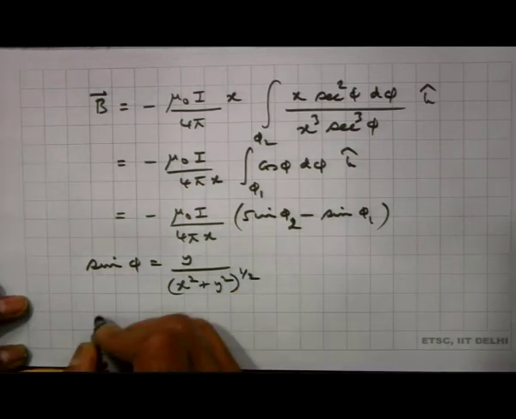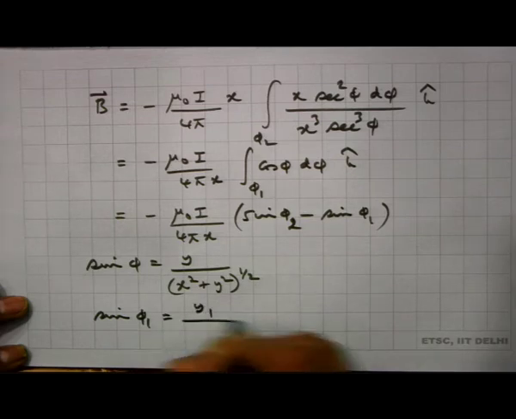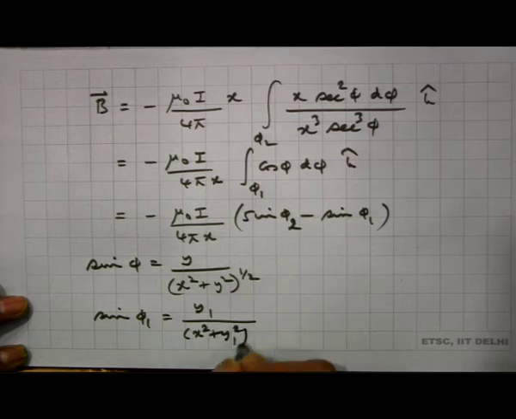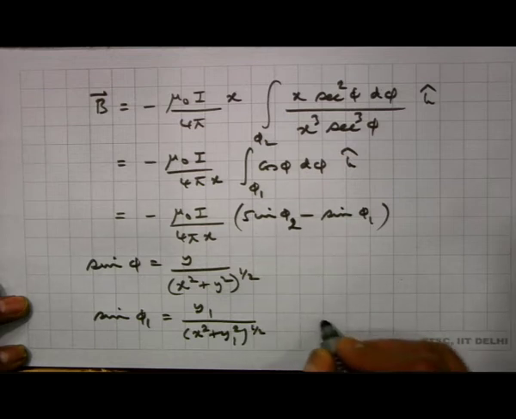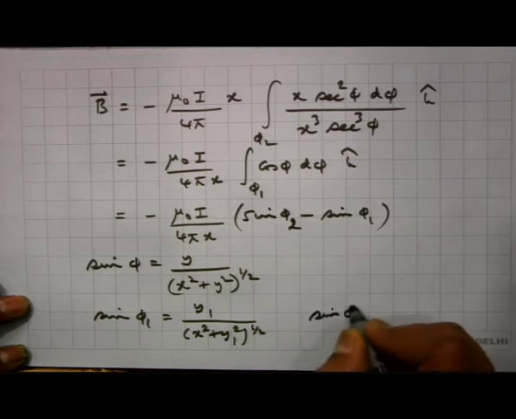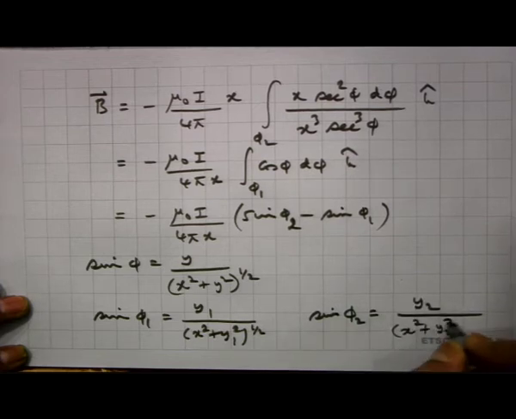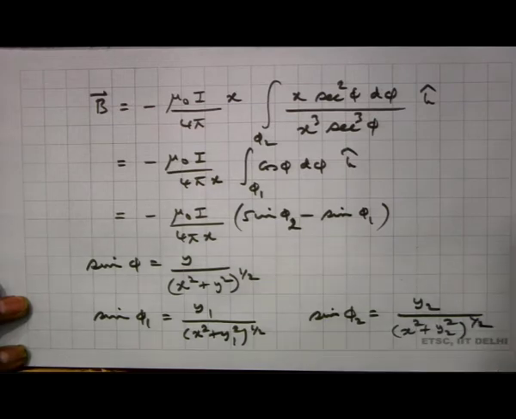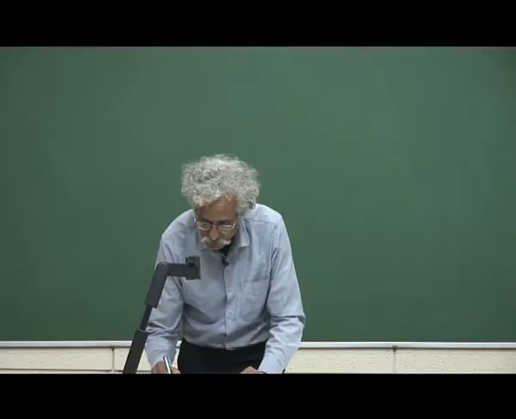So, sin phi 1 is nothing but y 1 by x square plus y 1 square raised to half, and sin phi 2, the other limit, is equal to y 2 by x square plus y 2 square raised to half. So, these are the two limits and I get this k cap here.